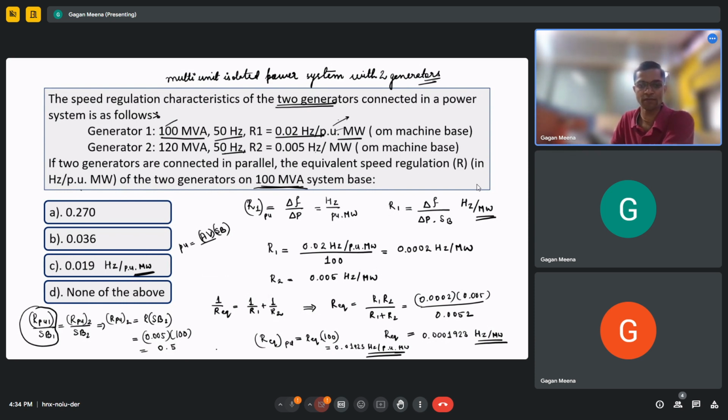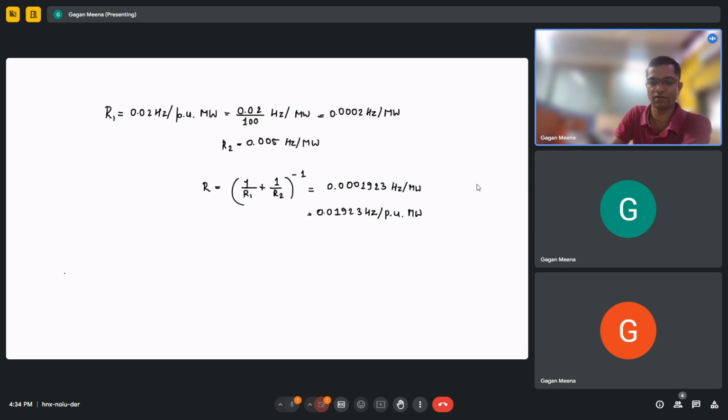This is 0.5. So again, can you see? Let me do it here. It will be 1 by Req, so Req is equal to R1 R2 by R1 plus R2, and this is given as 0.02 into 0.5 divided by 0.02 plus 0.5.